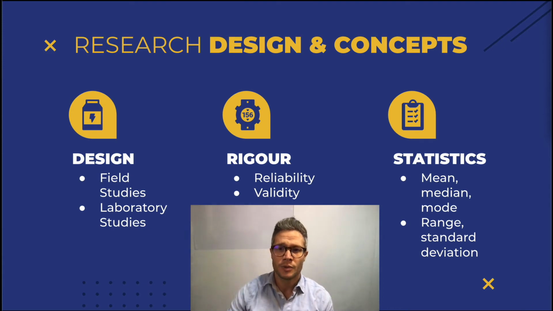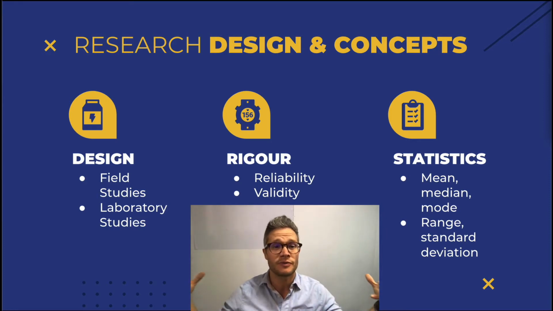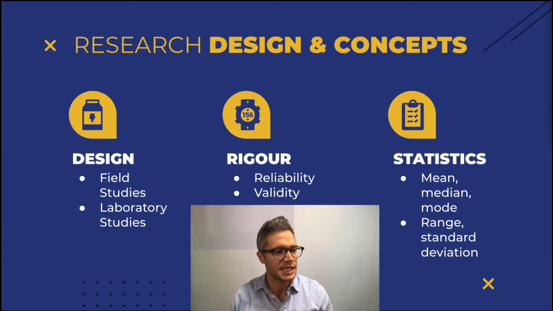When you're outside in the field, there are more variables, external factors that can influence the results. An example of this would be cycling on a stationary bike versus a bike out in the real world. So when you're cycling on a bike, you can think there are a lot of external factors.